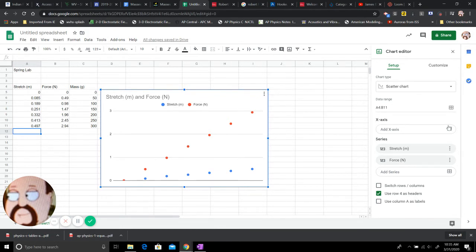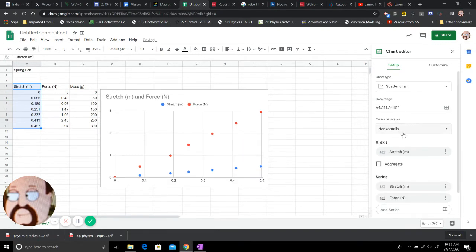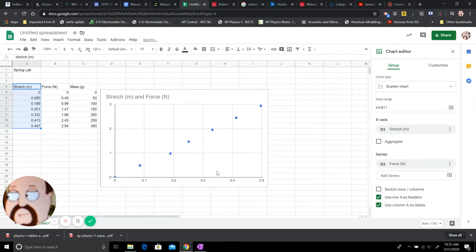This we want to be the stretch. There we go. See, that's what we're looking for. Okay, stretch versus force.